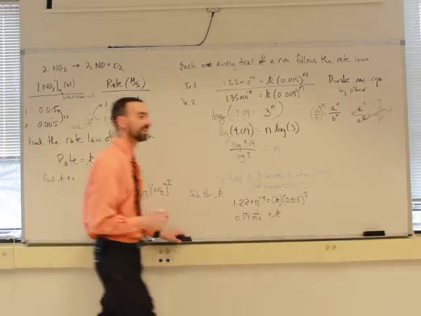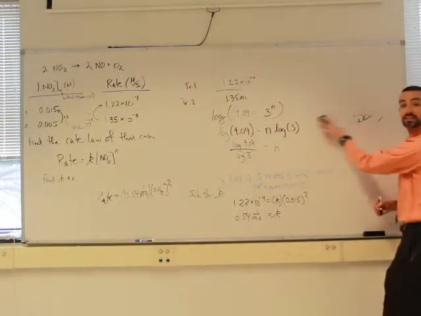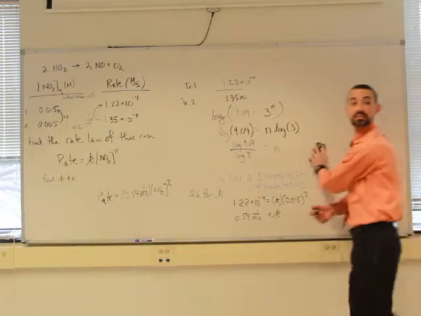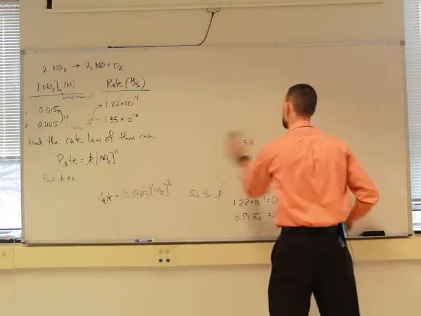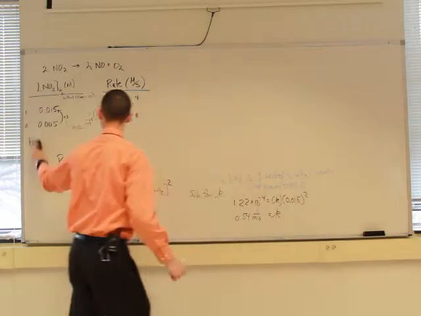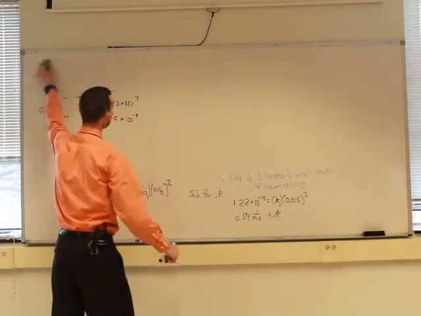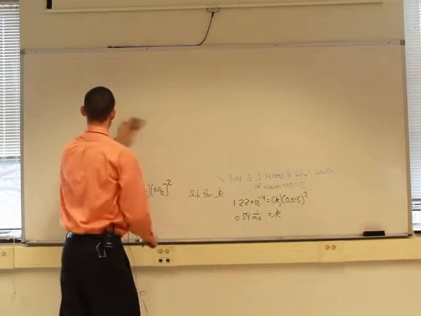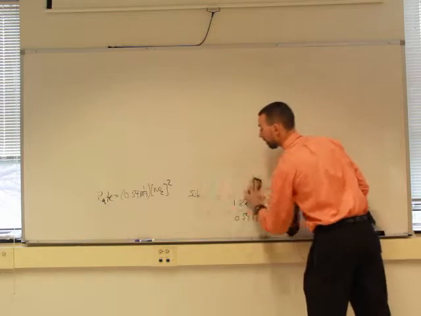Okay. Now, let's do another one of these with 2 reactants and see how it might be a little bit different. When we have 2 or even 3 reactants, we just have to do a little bit more work, because each reactant has its own order that we have to solve for.